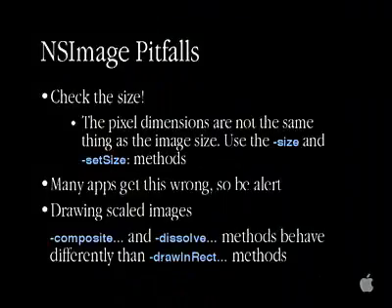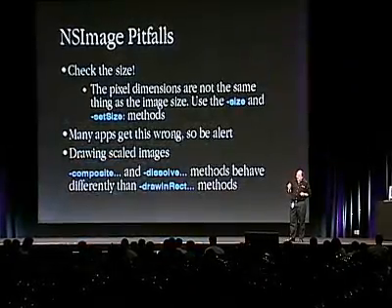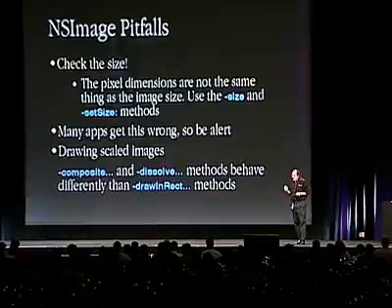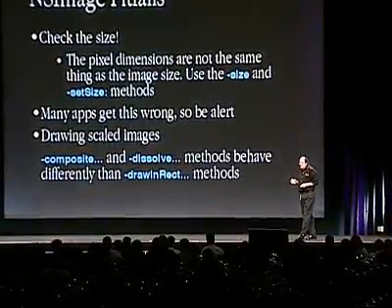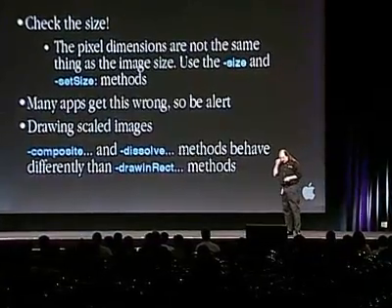You can find out what size it is by querying it with the size method. I will mention that a lot of drawing apps out there and a lot of images that you're going to get from the net are going to have size values in their headers that are wrong. So I just wanted to caution you to watch out for that, be alert, and do a little bit of sanity checking before you show an image.